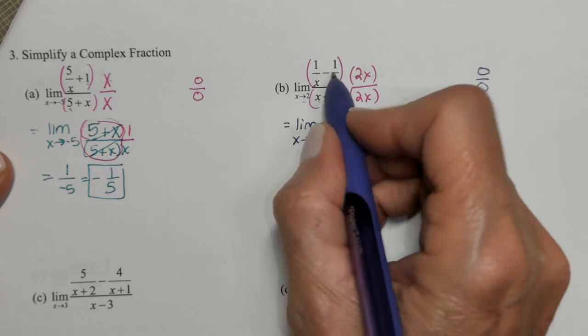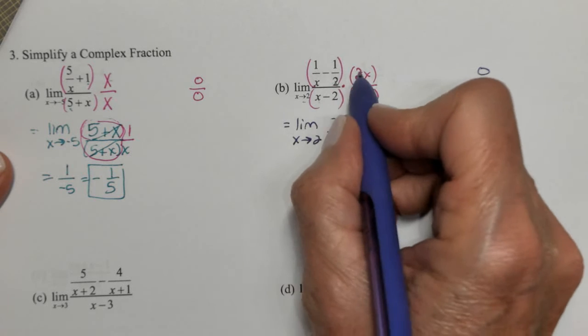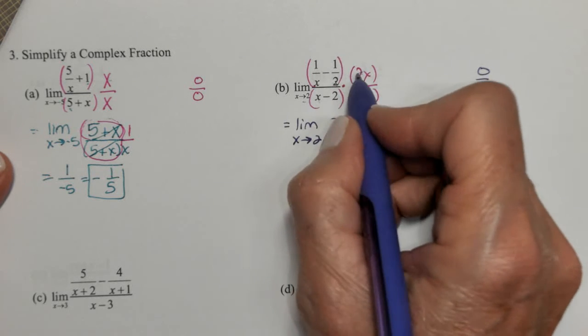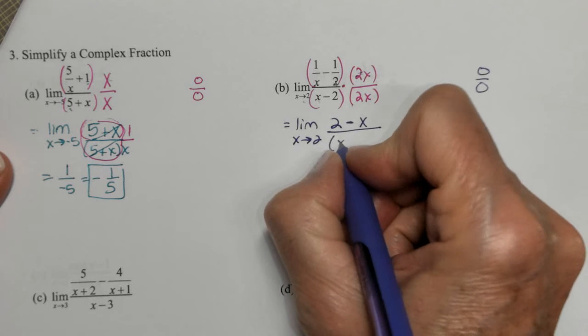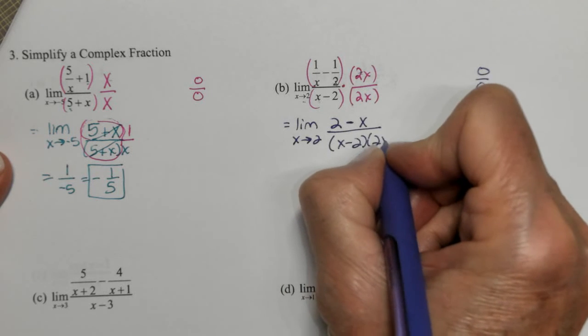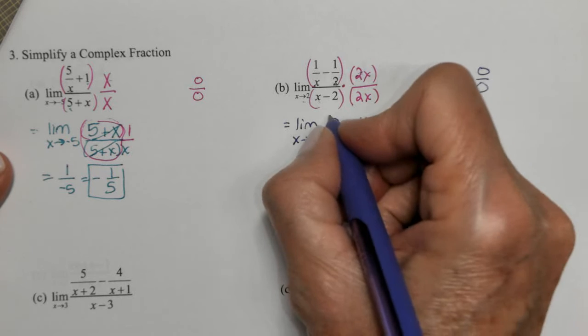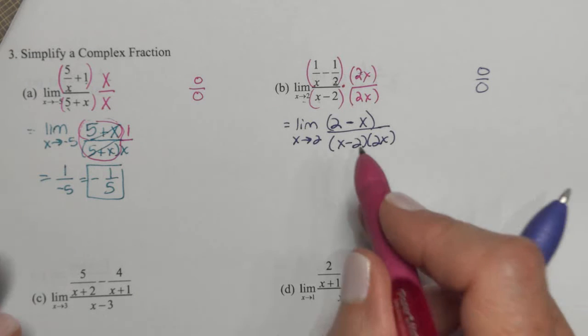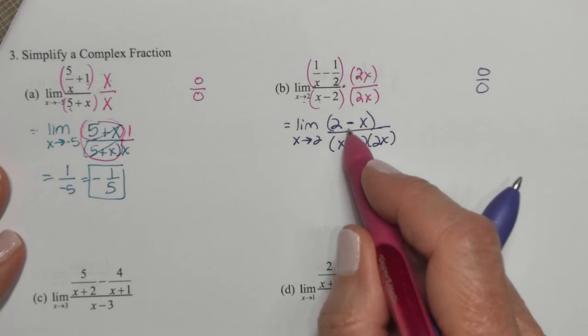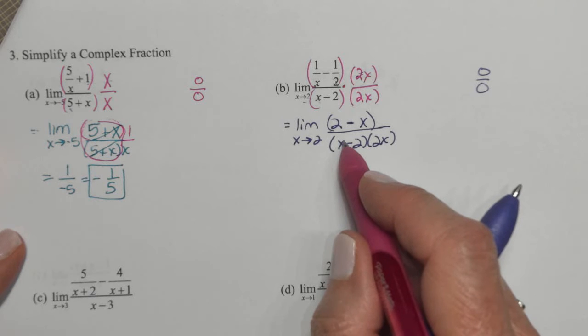Next term, we have the minus. Keep your minus. The 2's cancel, and we're left with 1 times x, which is just x. On the bottom, I do not multiply. I just leave it split up. Okay. Did we find our hole? Kind of. These are not exactly the same, but they do reduce, right?